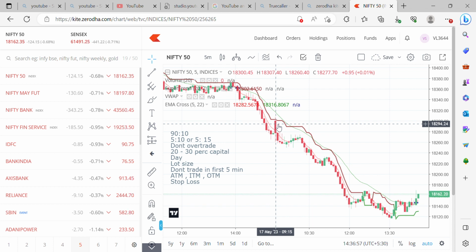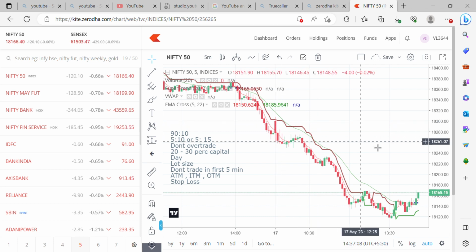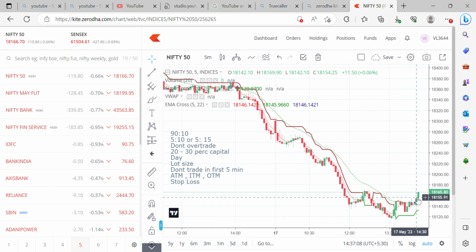Next we'll see what is ATM, ITM and OTM. ATM is at the money, ITM is in the money, and OTM is out of the money. So let's see it in the market live. You can see currently the Nifty is at 18166. Suppose we buy, now I think the market will go up after making this W pattern and all.